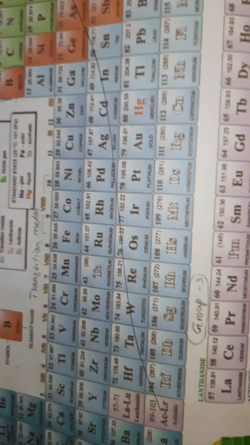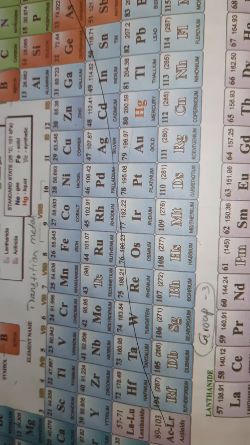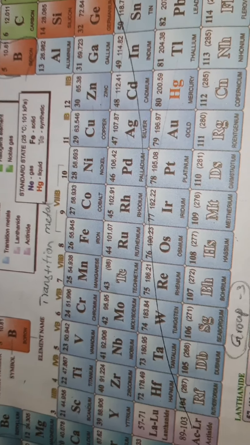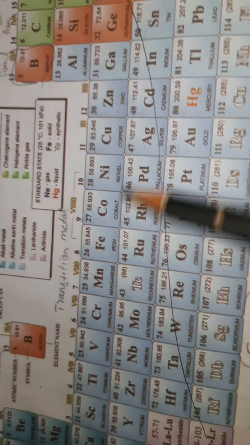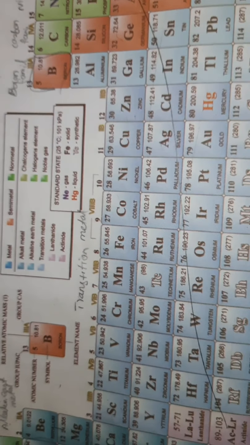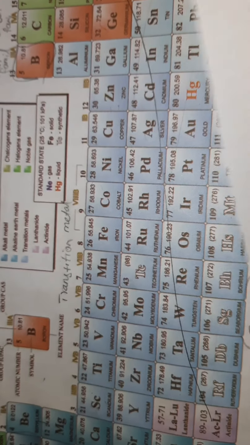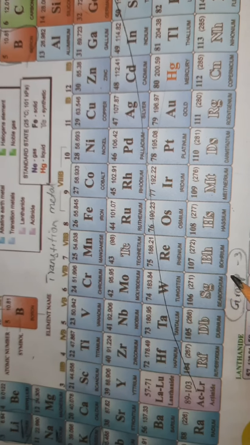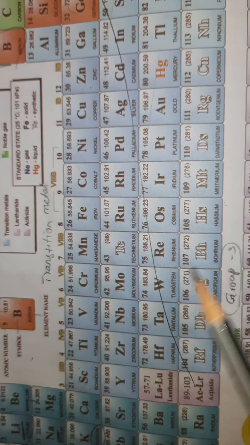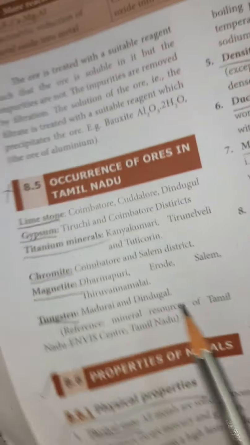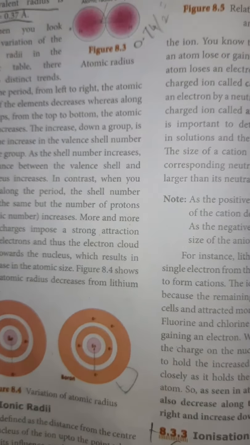Can you see the picture of the periodic table? It increases from left to right and decreases from top to bottom. So that is called ionization energy.